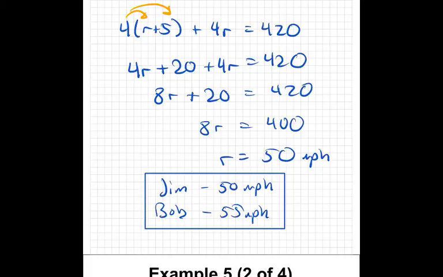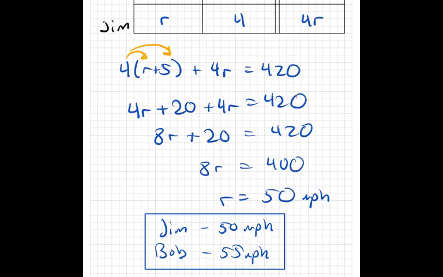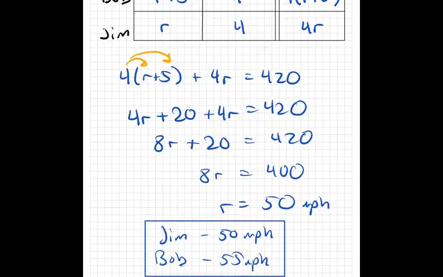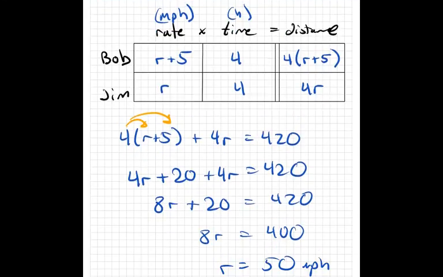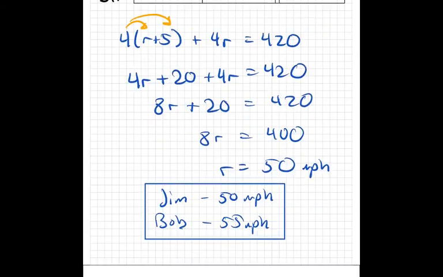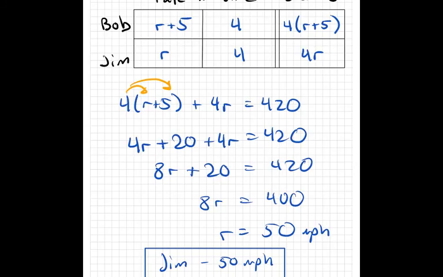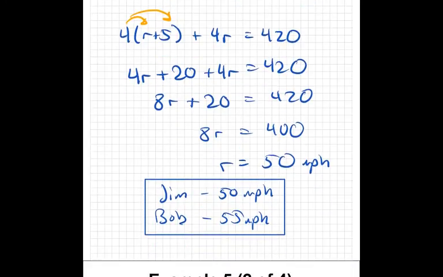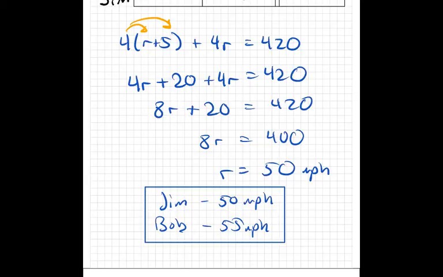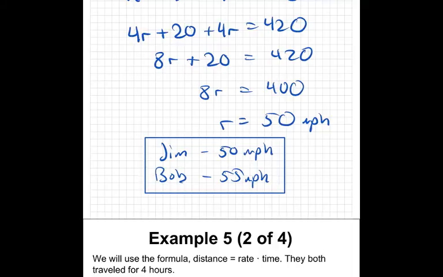We can confirm, for instance, if Jim is traveling at 50 miles an hour for 4 hours, that means he should do 200 miles. If Bob is traveling 55 miles per hour for 4 hours, 220. So 220 plus 200 is 420, right? So we're just checking it in the context of the original, 50 and 55.